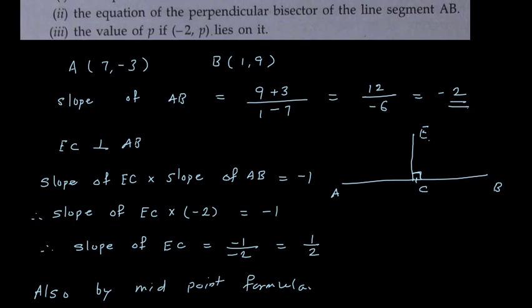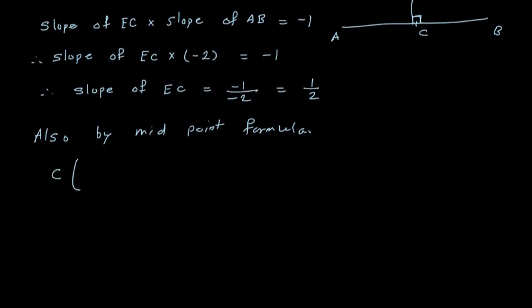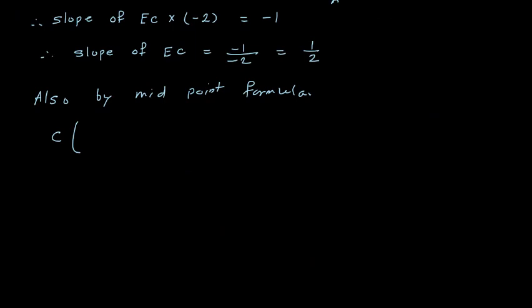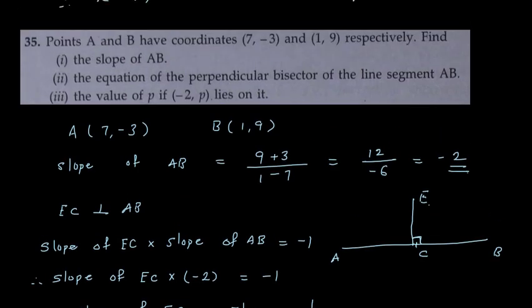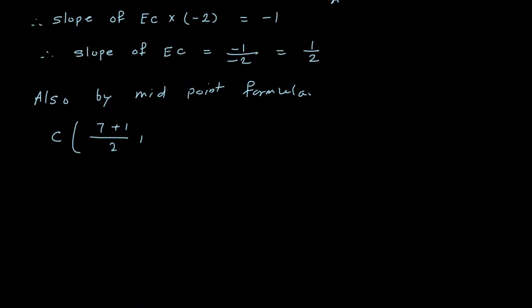So it is 7 plus 1 divided by 2, comma, minus 3 plus 9 divided by 2. So this is equal to 8 divided by 2 is 4 and 6 divided by 2 is 3. So 4, 3.